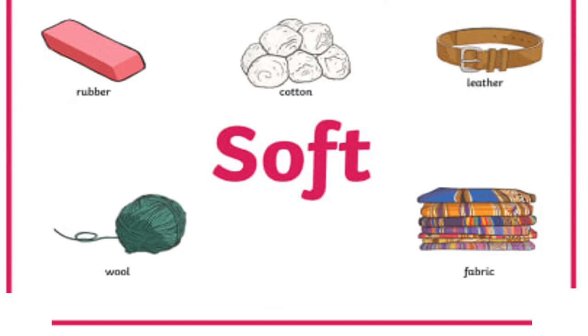Once again, we have few pictures of objects. If you try to apply pressure on any of these, you will find you are successful in changing their shape and size because they are soft and they can be compressed easily.